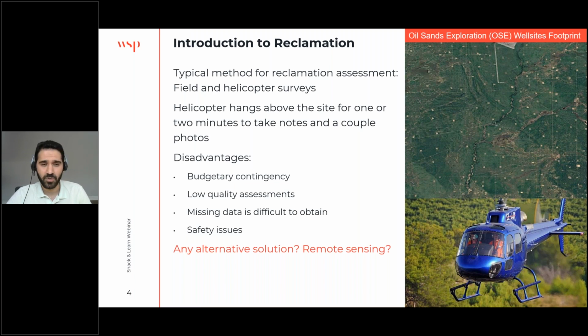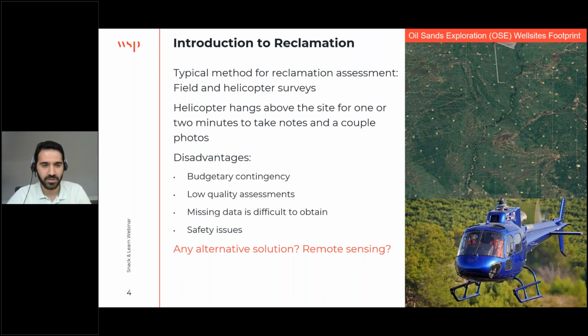The other important, actually the main disadvantage, is the low quality of the assessment that we get through this methodology, because, as I said, it's only visual inspection and there is no quantitative information and data sets through this methodology. And also, if there is any missing data, usually coming back to the site is not an option.